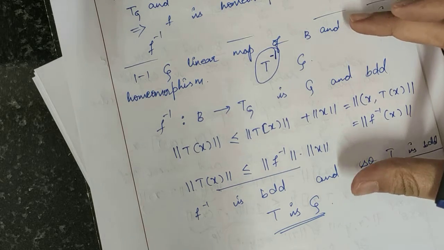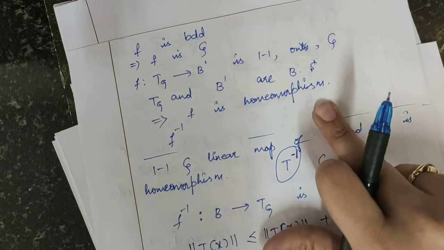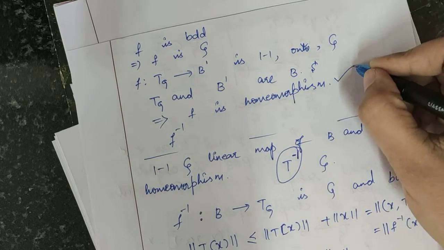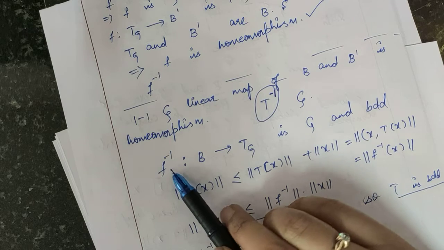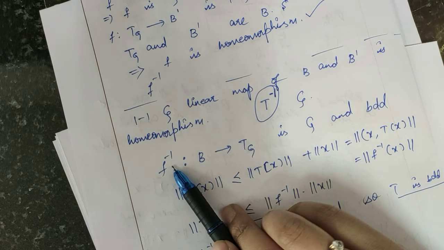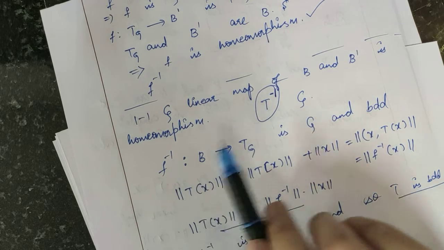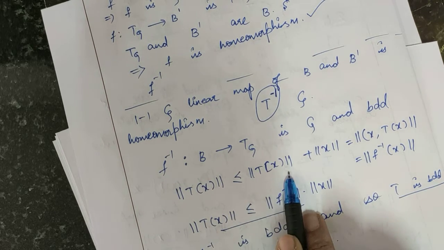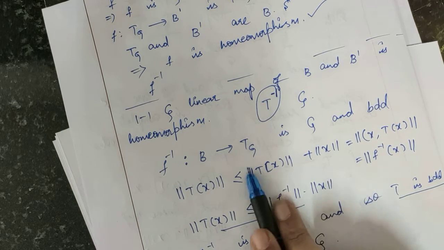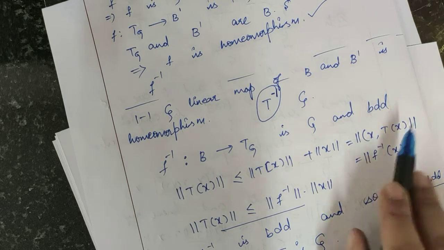You should remember this part very clearly. So till here f is a homeomorphism, till here there is no doubt, I guess. So from the known fact we will consider that f inverse is also continuous. So you are just defining a mapping f inverse, and from that I can write norm T of x is less than or equal to norm T of x plus norm x. This is nothing but norm x comma T of x from the definition of product topology.